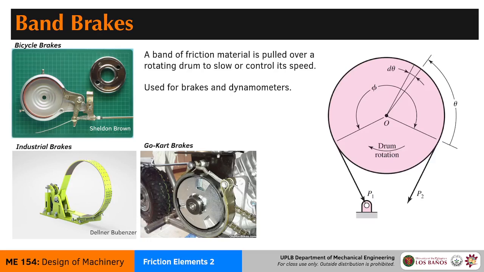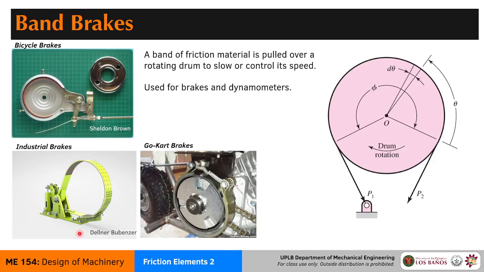I don't really see these kinds of band brakes anymore. These would be coupled to the rear wheel, I believe. So maybe Dutch bikes still have these. Another vehicle that has band brakes is go-karts. This one is, I think, custom made, so they might not be as common as I allude them to be.